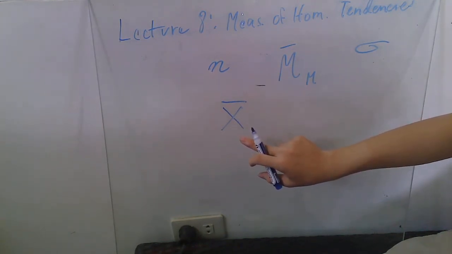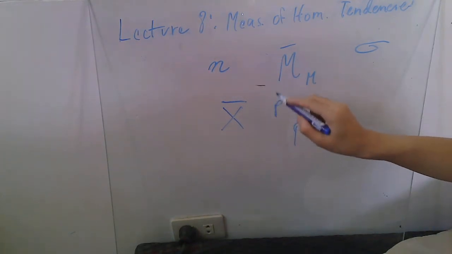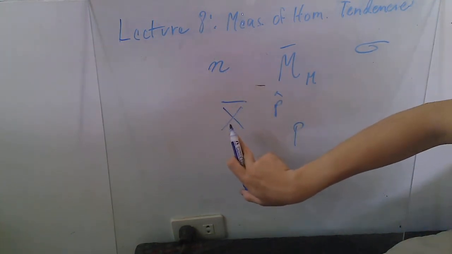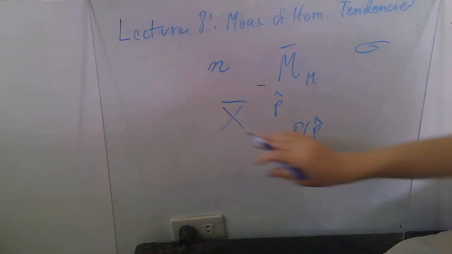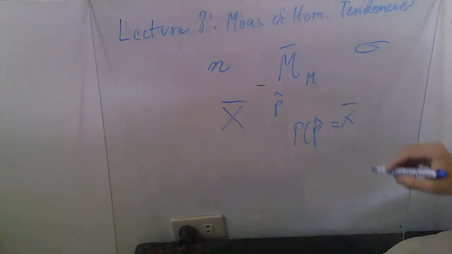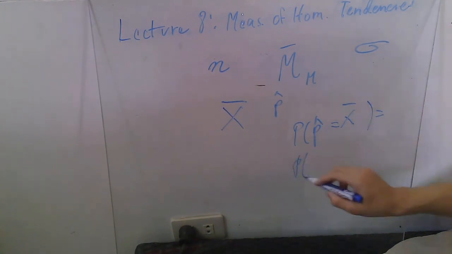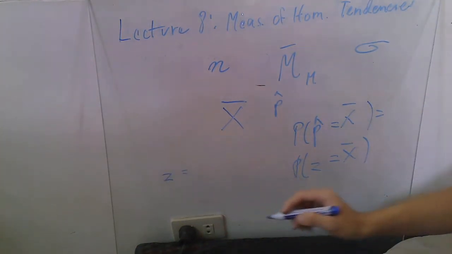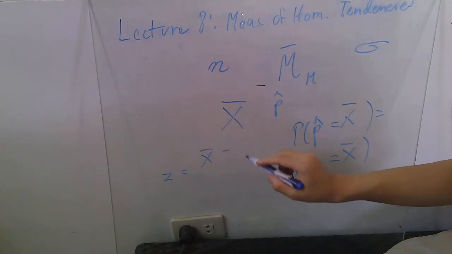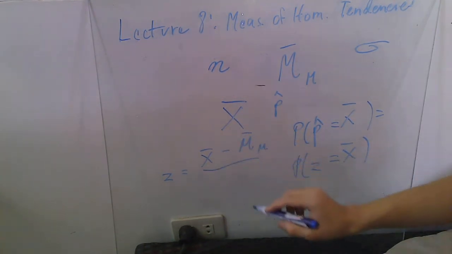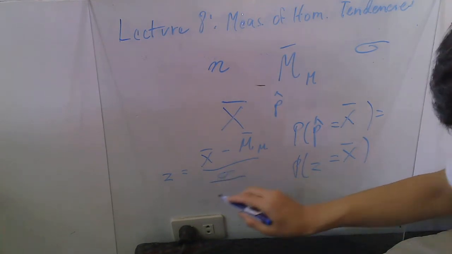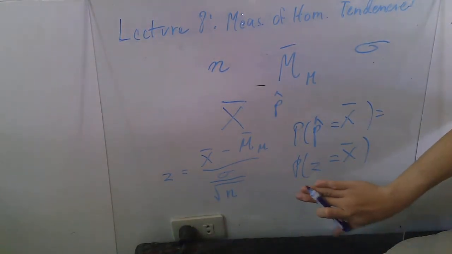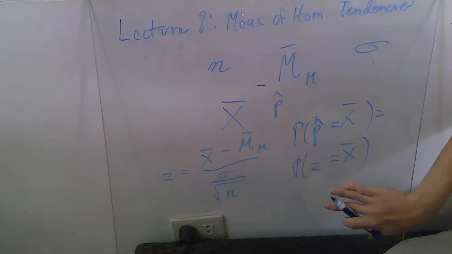If we let p hat be a certain percentage of this population that contains this, then the probability that p hat is equal to this is equal to the probability that z is equal to that, where z is equal to x bar minus mu over sigma over the square root of n. The probability of z equals x bar is found by interpolation in the cumulative z table.